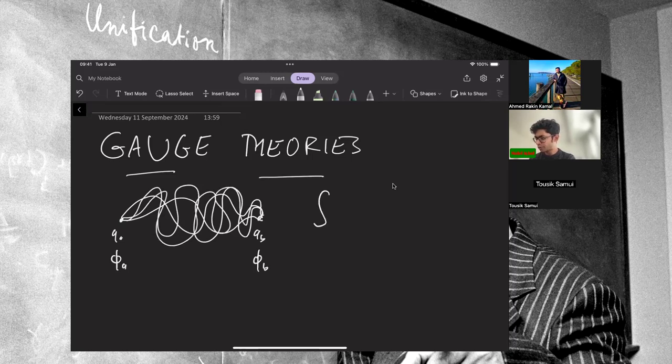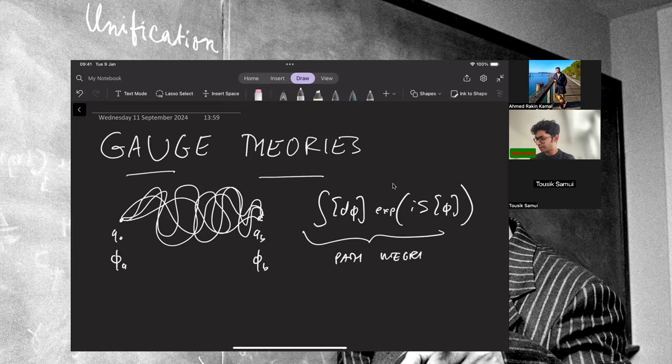You do an integral over d phi, dq, something like that, of the exponential of the action. This is a useful way to calculate things in quantum field theory. In the last 5 minutes of the lecture, I used this to recalculate the 2-point function of the scalar field.